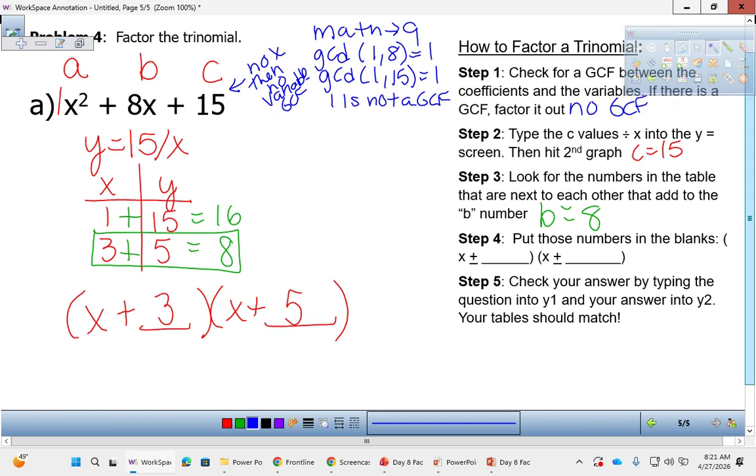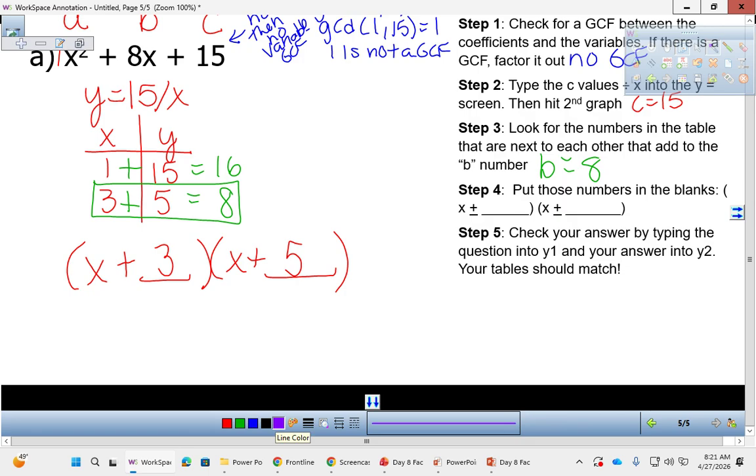Another way to check it is to distribute x times x plus 5 and positive 3 times x plus 5. Remember, when we multiply, we add. So x times x is x squared.